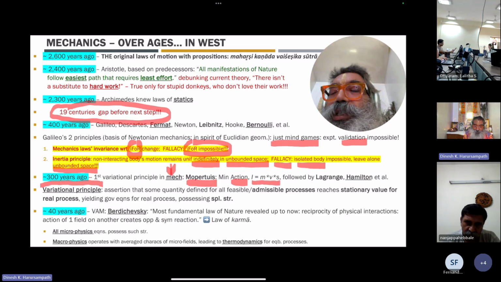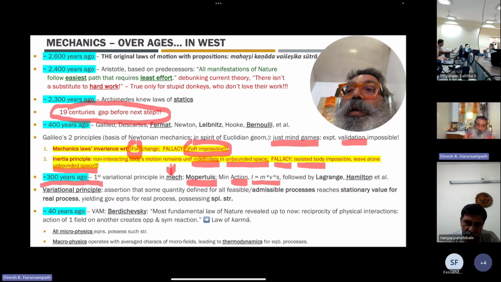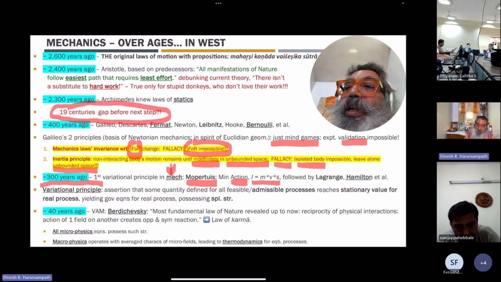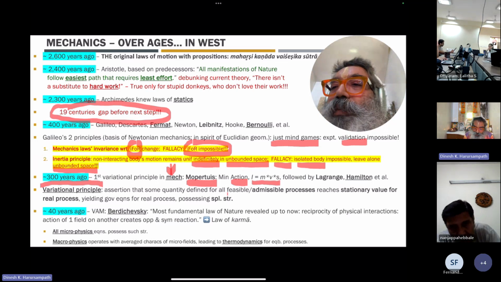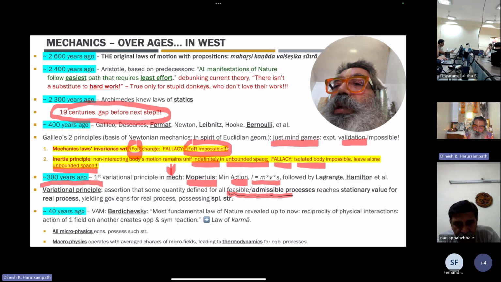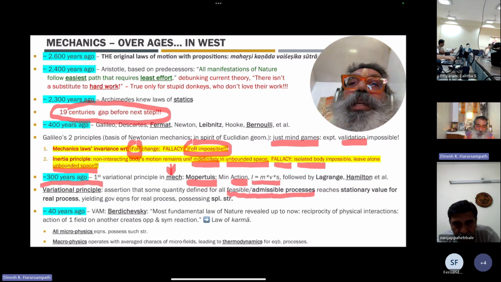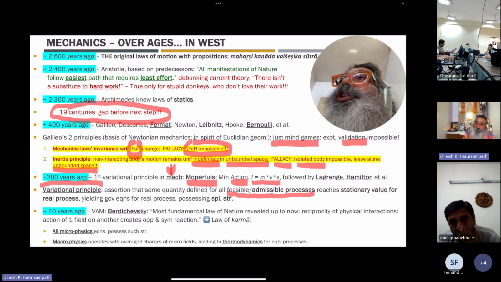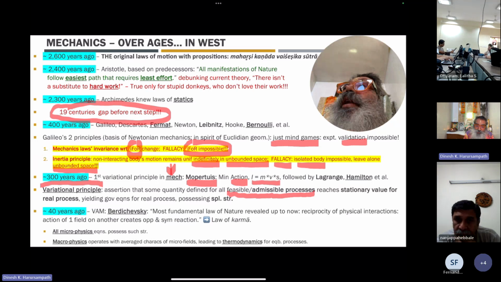And in the variational principle, there is an assertion that some quantity is defined for all feasible or admissible processes. And remember that in my interpretation of the story, Aesop's fable, the Hare and the Tortoise, I also mentioned this feasible region in which you have to look for solutions rather than in the entire infinite space.